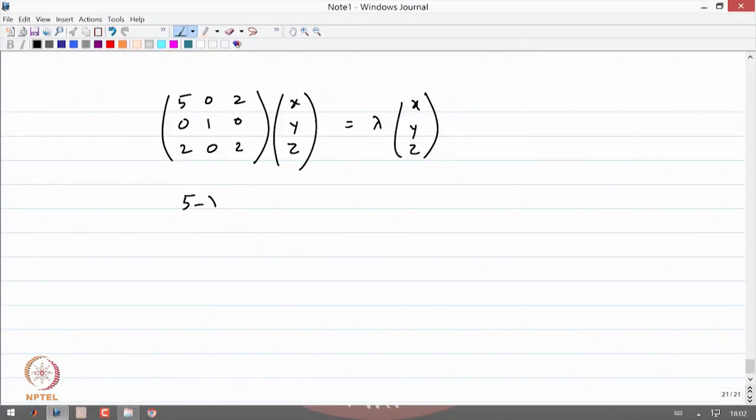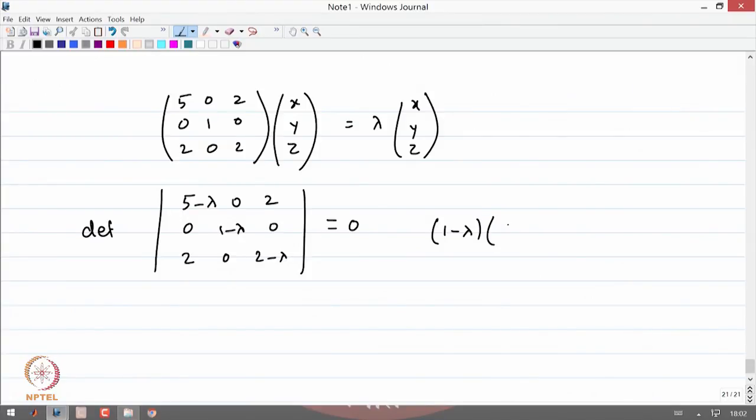It is 5 minus lambda, 0, 2; 0, 1 minus lambda, 0; 2, 0, 2 minus lambda. This determinant should be 0. Okay. So, let me not do this algebra, but I will tell you that after factorization the result turns out to be 1 minus lambda into lambda square minus 7 lambda plus 6 is equal to 0.